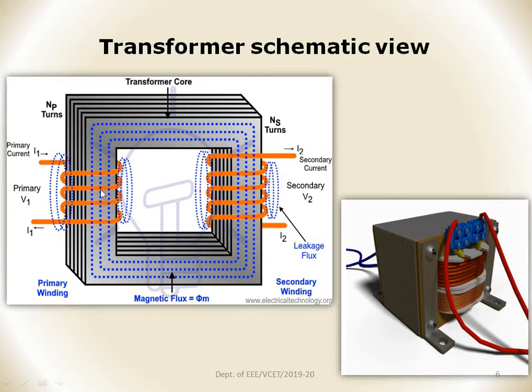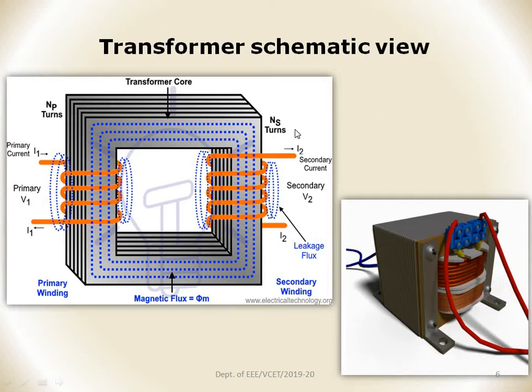So again you can find that the primary winding and the secondary winding are electrically separated, whereas they are magnetically coupled. You can find that this orange color winding or coil does not have a direct connection, whereas they are connected by these blue color dotted marks. These blue color dotted marks are nothing but the magnetic flux.